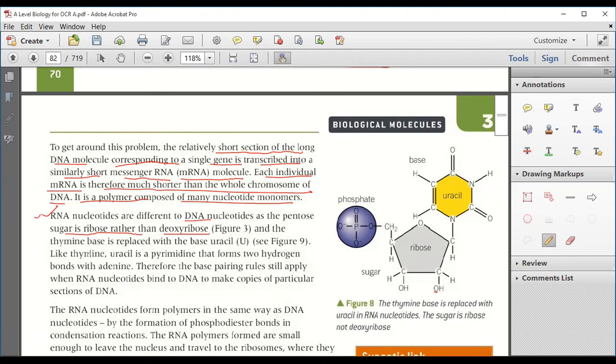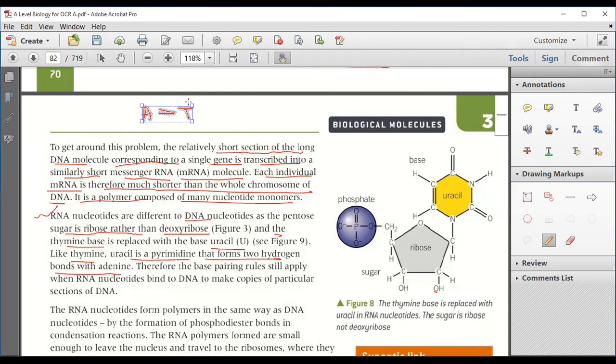Okay. Now, the thymine base is replaced by uracil. Like thymine, uracil is also a pyrimidine that forms two hydrogen bonds with adenine. So in the case of DNA, we have A and T, with a double bond between A and T, but in place of thymine we have uracil.